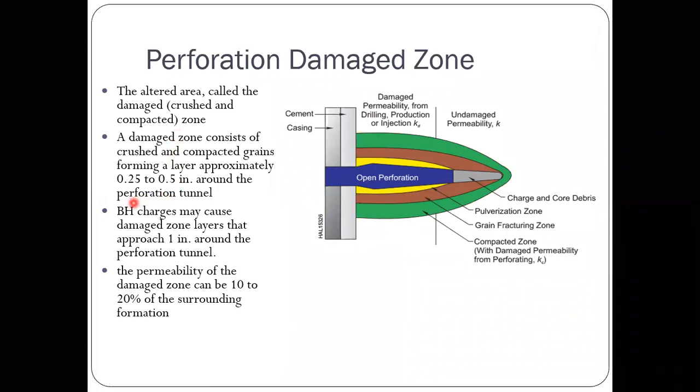For BH charges, the layer can be up to 1 inch surrounding the perforation tunnel. And one more important thing, you can see that this layer is also not uniform throughout the perforation. The damage is more at the entrance of the perforation as compared to the end of the perforation. You can see that.